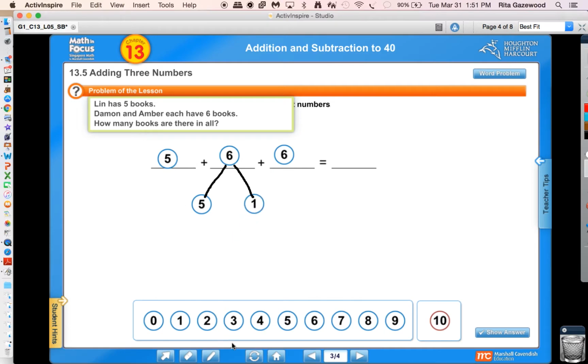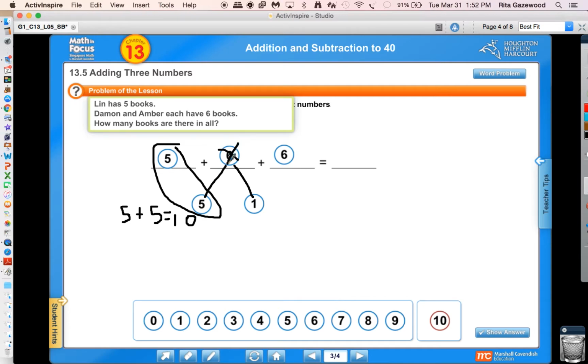So now I've got 5 and 5 make 10. So 5 plus 5 equals 10. And then over here, I've used my 6, right?